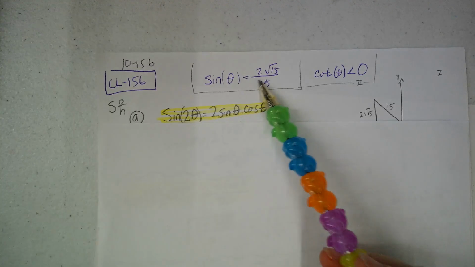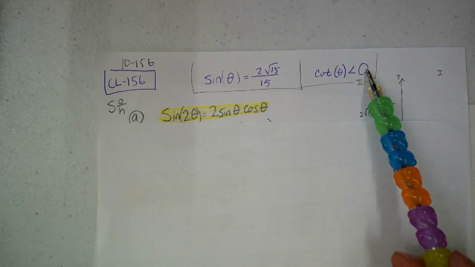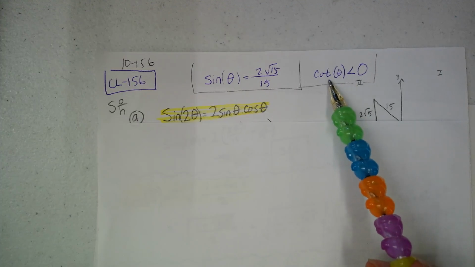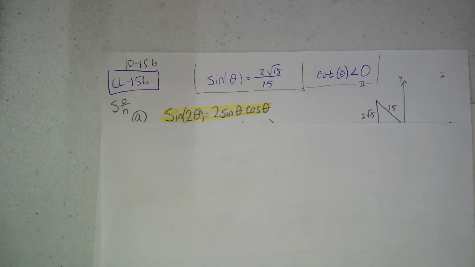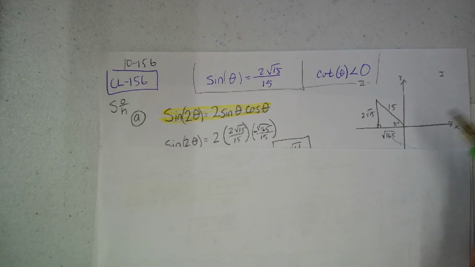It told us what sine of theta was, and it told us that cotangent of theta was less than 0, which means this was negative. So the first thing we did is we talked about what quadrant we are going to be in.